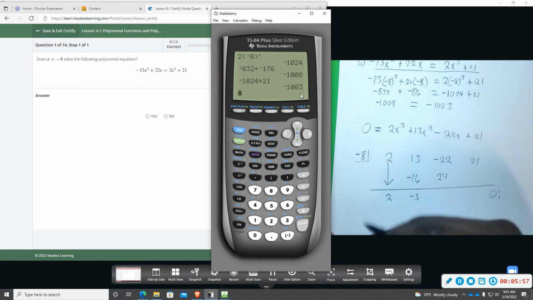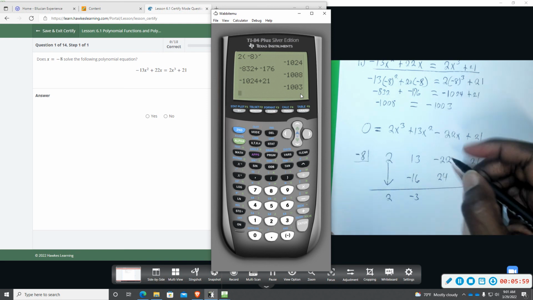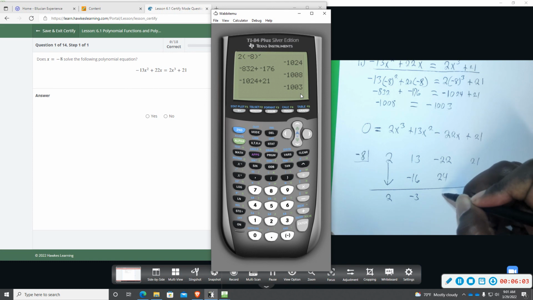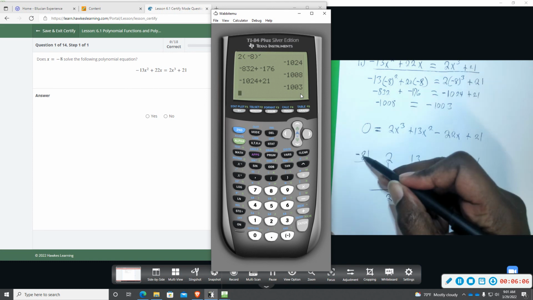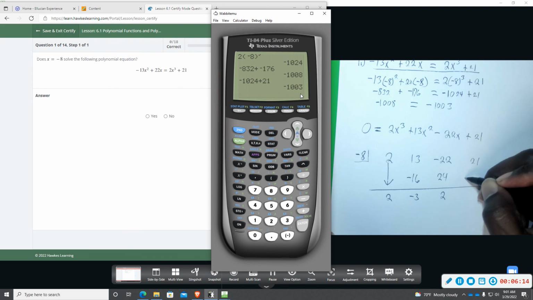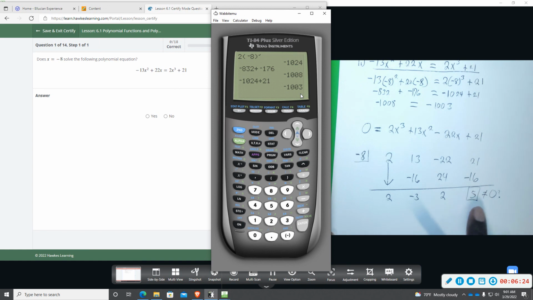You always write your result up on the next line, and then combine these, and I will get a positive 2. And then negative 8 times positive 2 will give us a negative 16. And then combine those, and I get positive 5. So the fact that this is not equal to 0 means it doesn't solve it.